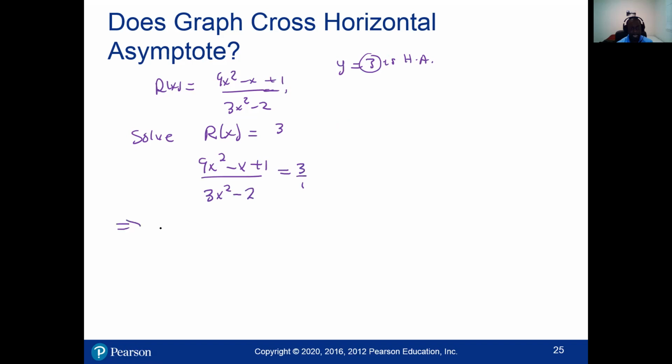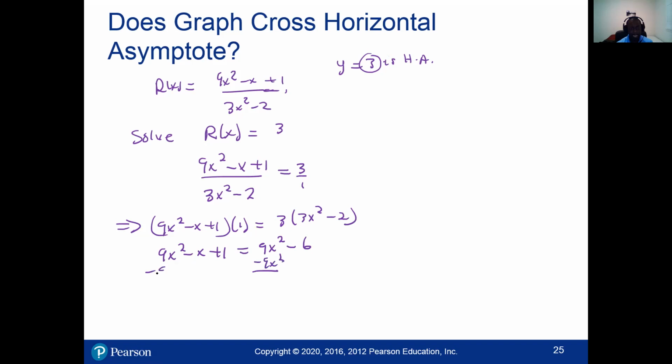When you cross multiply, you have 9x squared minus x plus 1 times 1 is equal to 3 times 3x squared minus 2. One times anything is the same thing. So that is 9x squared minus x plus 1 is equal to 9x squared minus 6. If you subtract 9x squared from both sides, this will cancel out, so you only have minus x plus 1 is equal to negative 6.